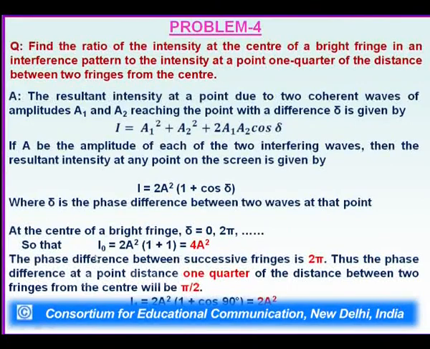We can find out the ratio between these two. I naught divided by I1 is equal to 4A square divided by 2A square, which is equal to 2. This is the ratio of the intensity at the center of the bright fringe in an interference pattern to the intensity at a point 1/4 of the distance between the two fringes from the center.